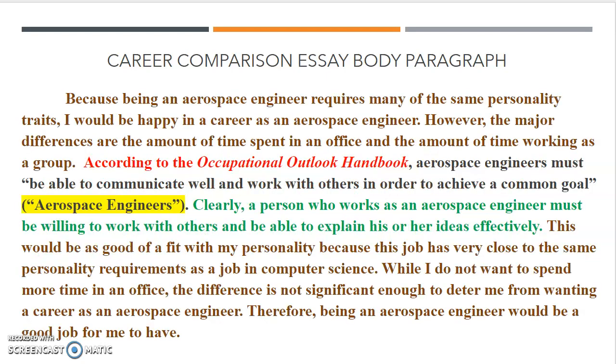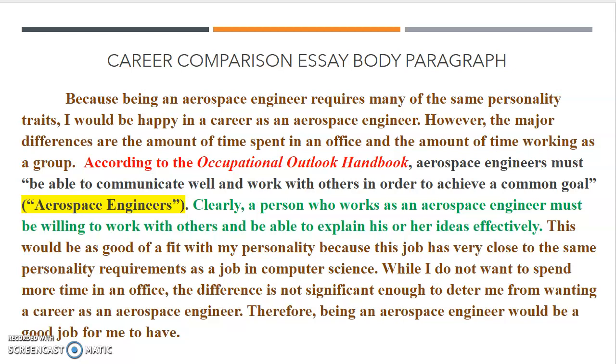Here's another sample paragraph that may look more like what you are working toward for your essay because you are using the Occupational Outlook Handbook as a source. So this paragraph starts with a main idea sentence that also serves as a transition. Transitions are important at the beginnings of paragraphs because you want to smoothly lead your reader from the topic you just discussed to the topic you will discuss in the upcoming paragraph.